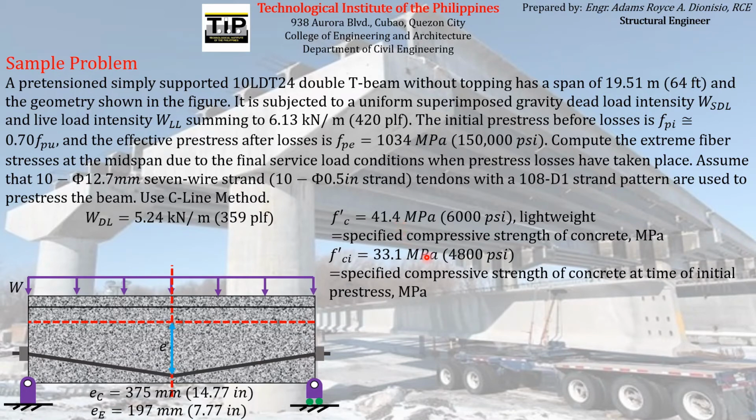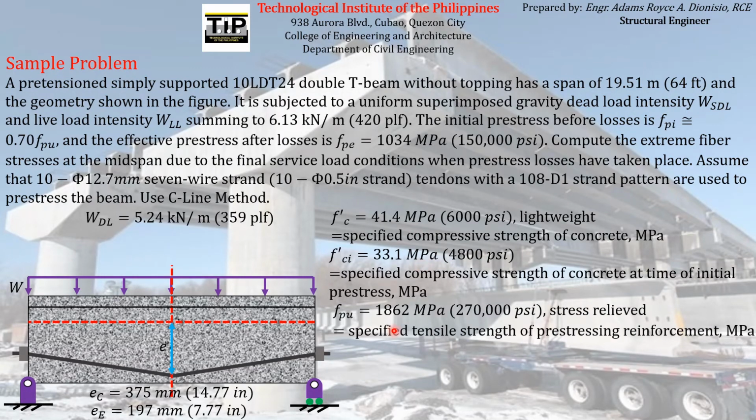Other information about the problem is that the 28-day compressive strength is equal to 41.4 megapascal. The compressive strength at transfer is equal to 33.1 megapascal, which is obviously less than the 28-day compressive strength, because again, we all know that the transfer of the pre-stressing force to the concrete element usually occurs even before the concrete attained its 28-day compressive strength.